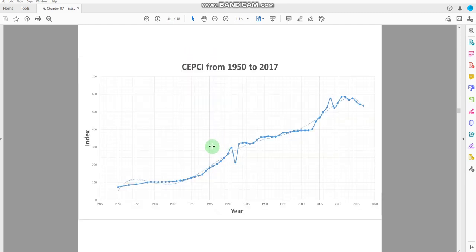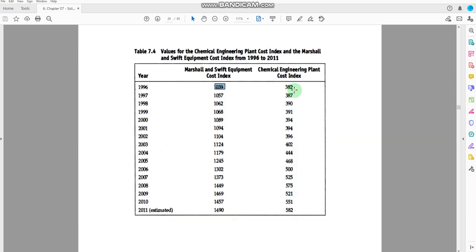Okay, so we can see this again with the increase in number of years. We see that the chemical engineering cost index has been more or less increasing, right? So CEPCI numbers are increasing. What we see here is that with the increase in the number of years, the value of CEPCI increases due to the increase in inflation.